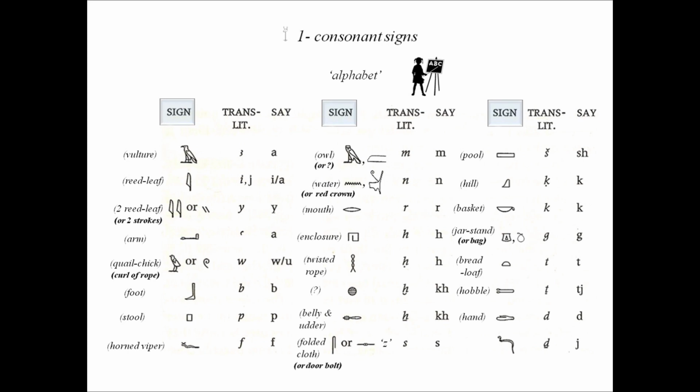This is the hand, which is described as the letter D. And a cobra, which is described as the letter J, as in jam, for example.